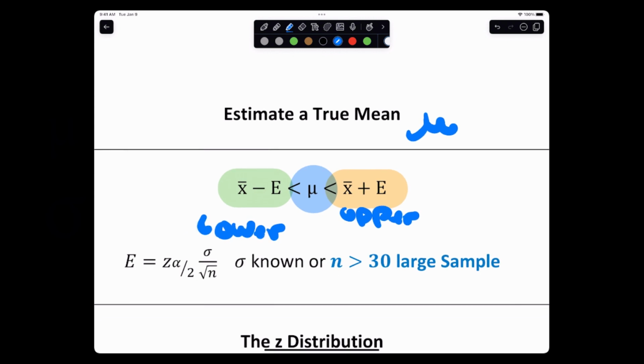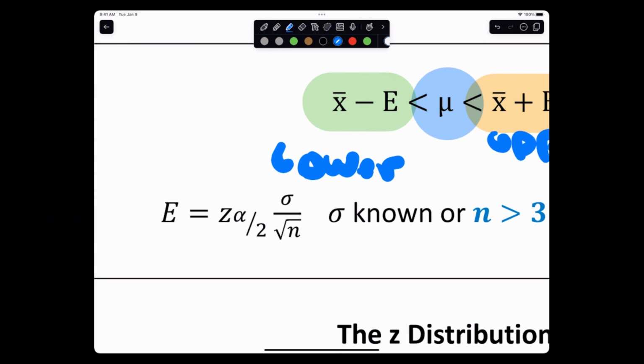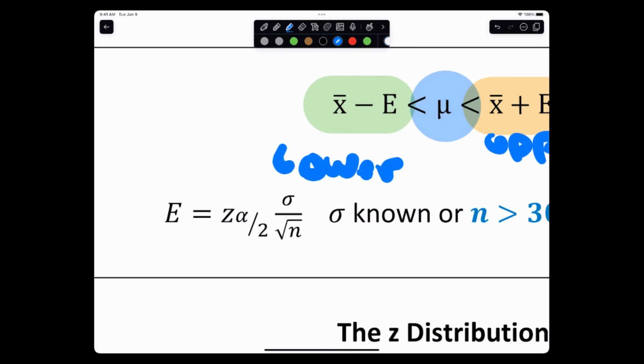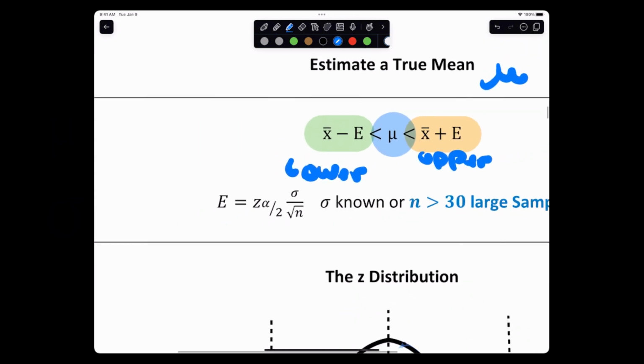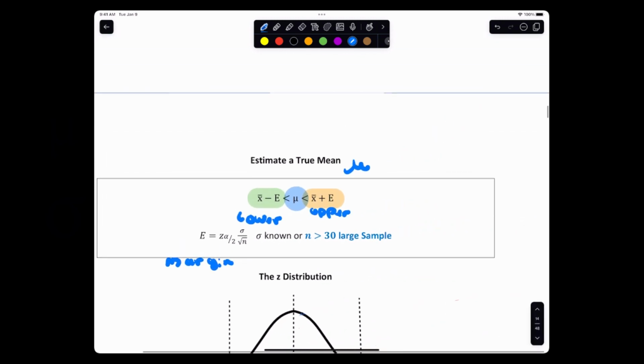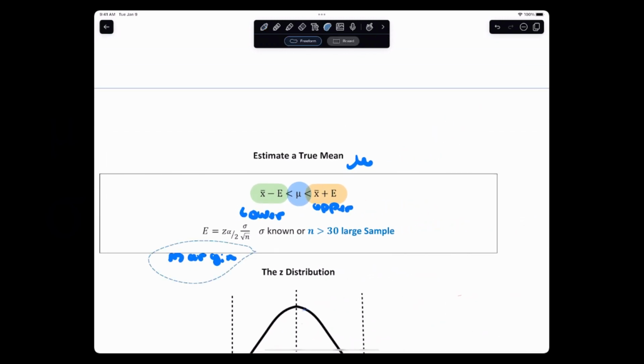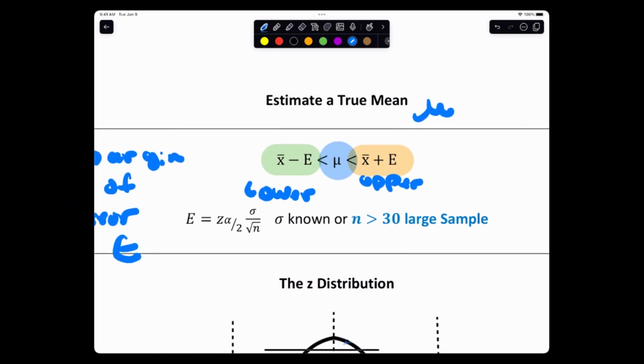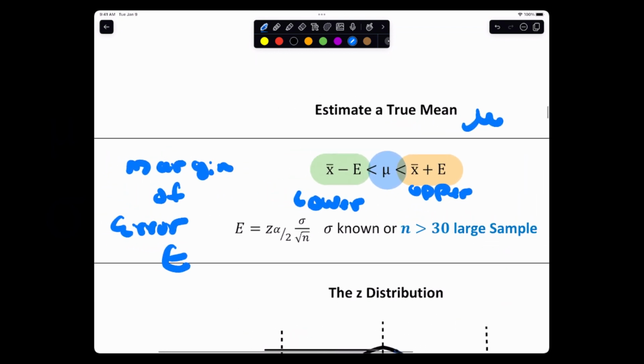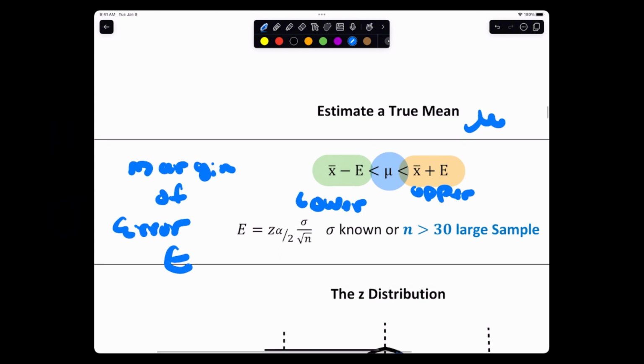Okay, now technically there's something called a margin of error here. So E is going to be known as your margin of error, and it's represented by a capital E here. So you go, oh, okay, E is the margin of error. What is the rest of this stuff?